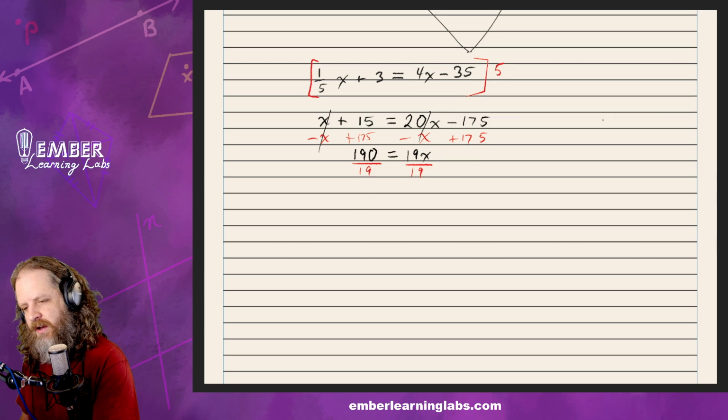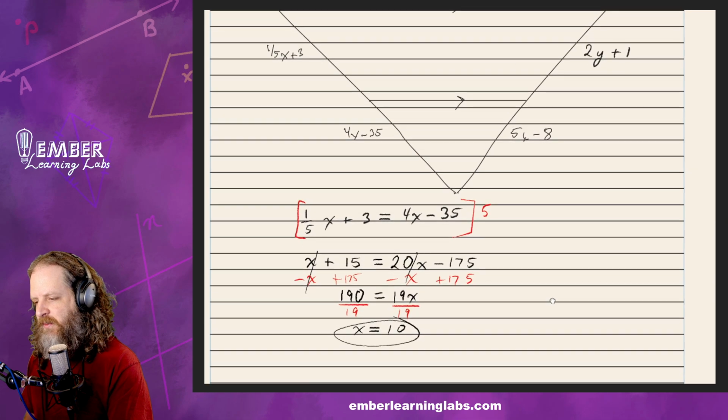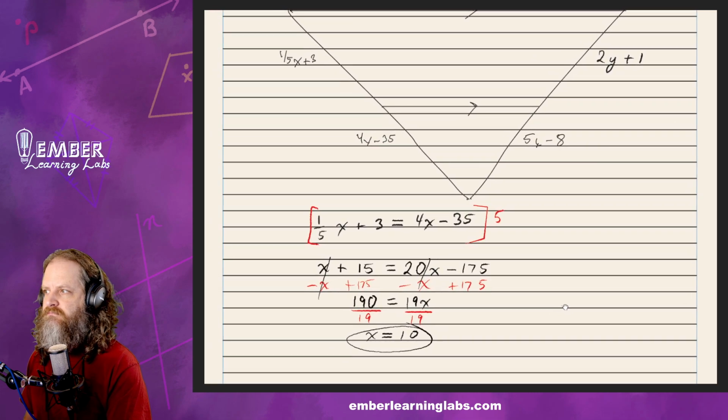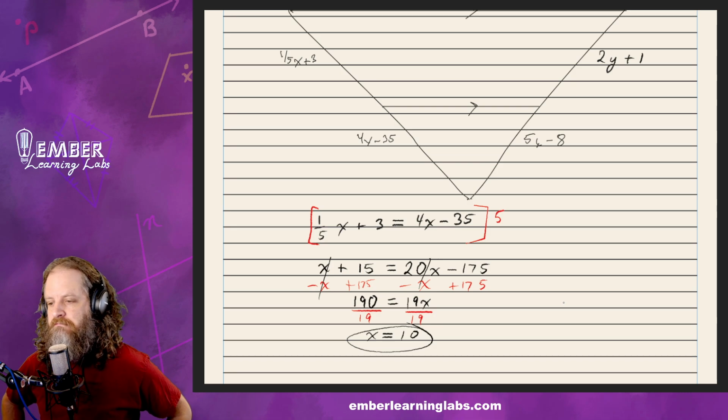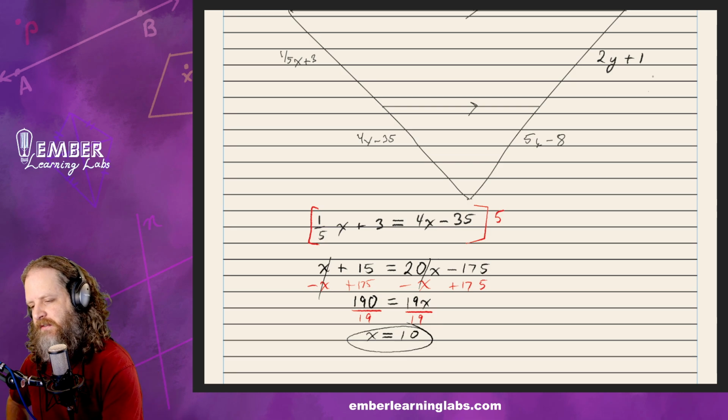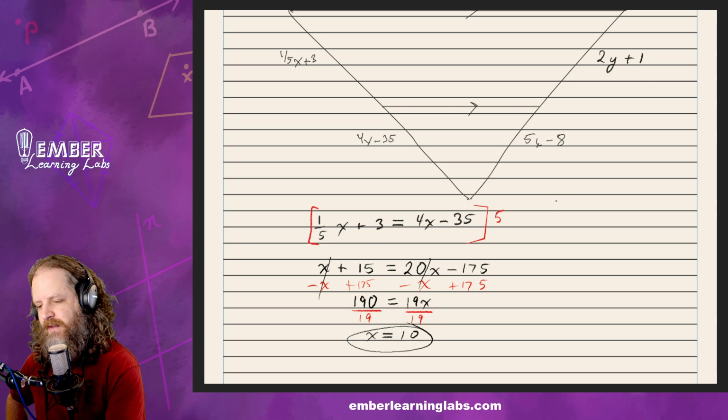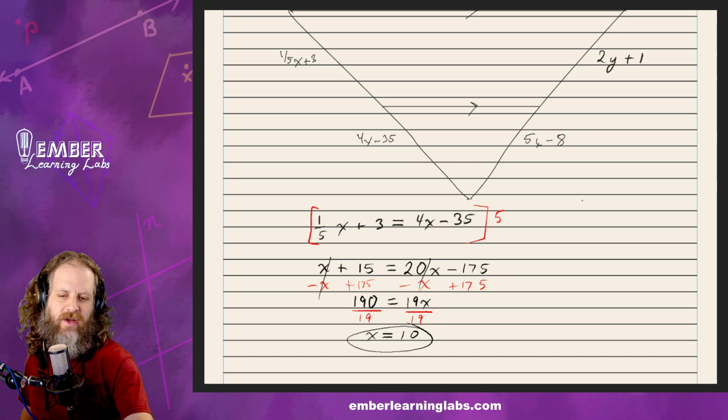And we end up with x equals what? 10. Then what would we do to find y? Yeah, same thing with these, right? Easy money. What other questions do we have?